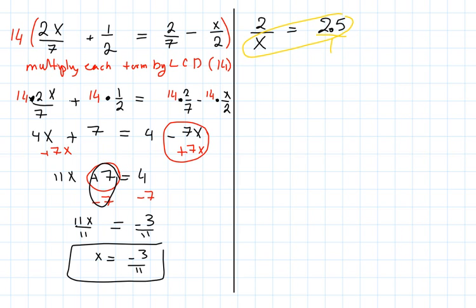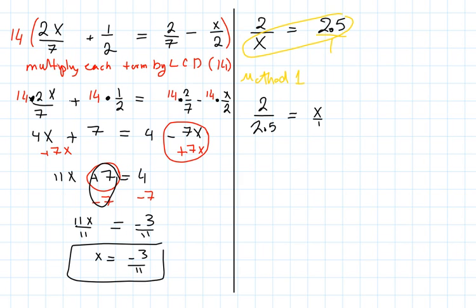So this is method 1. When you switch them around, you're going to end up with 2 over 2.5 equals x over 1.